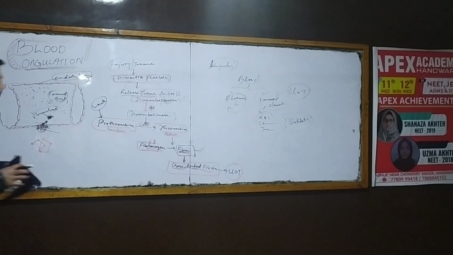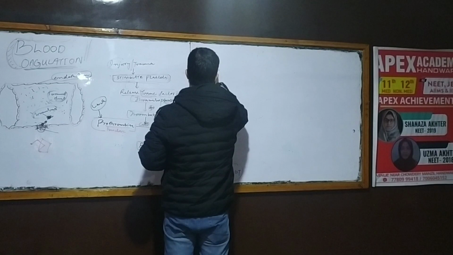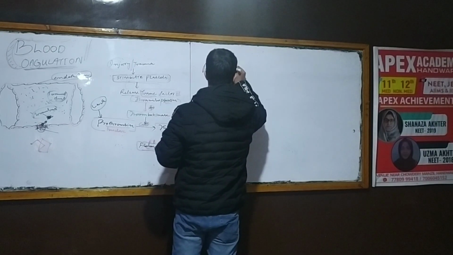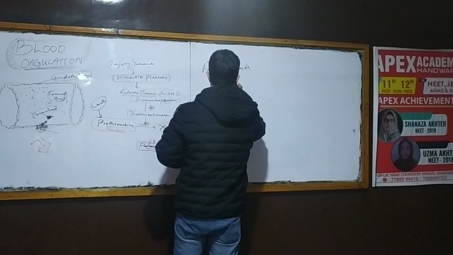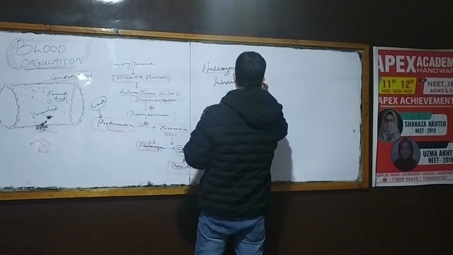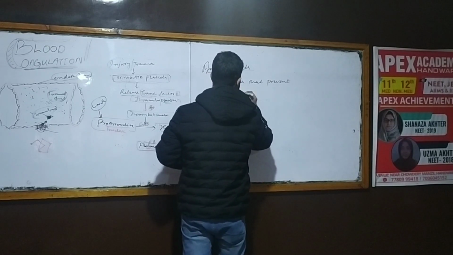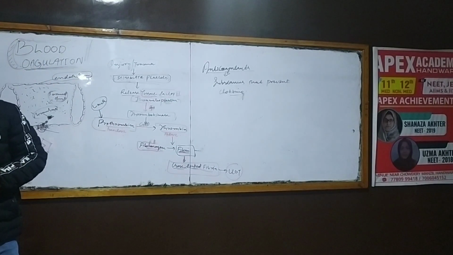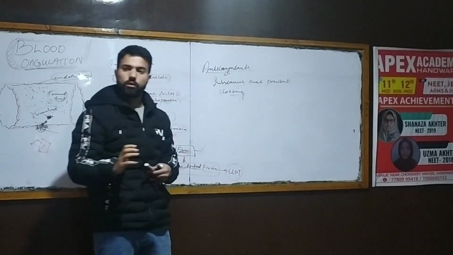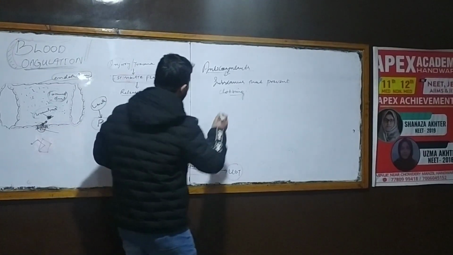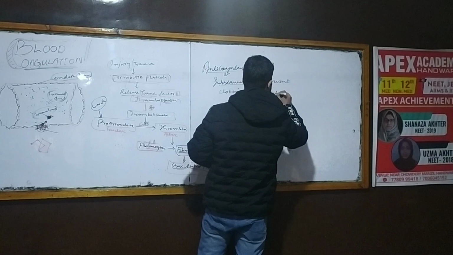But one more thing about clotting is, you might have heard about anticoagulants. What are anticoagulants? Anticoagulants are the substances that prevent clotting. These substances are also naturally present in our body. They block clotting, they stop clotting, and these substances are called anticoagulants. One of the anticoagulants you might have heard about is heparin.